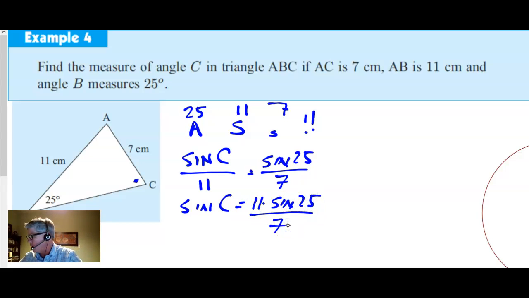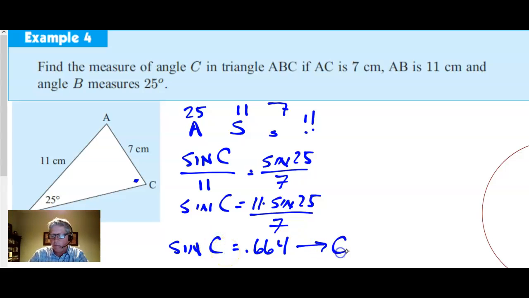I'll type that into my calculator real quick. 11 times the sine of 25 divided by 7 is 0.664. So I'm going to take the inverse sine of that, and that gives me 41.6 degrees. Hey, I'll buy that.